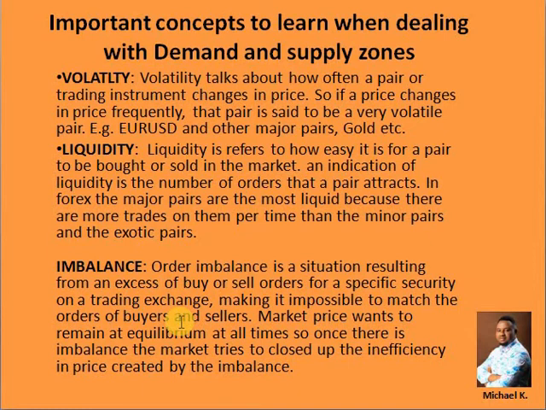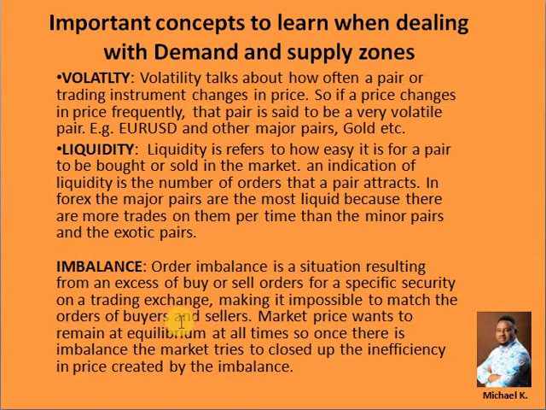So what does liquidity in forex mean? It means that there are a lot of orders around this particular pair. So in forex, the major pairs are the most liquid because there are more trades on them per time than minor pairs and the exotic pairs.